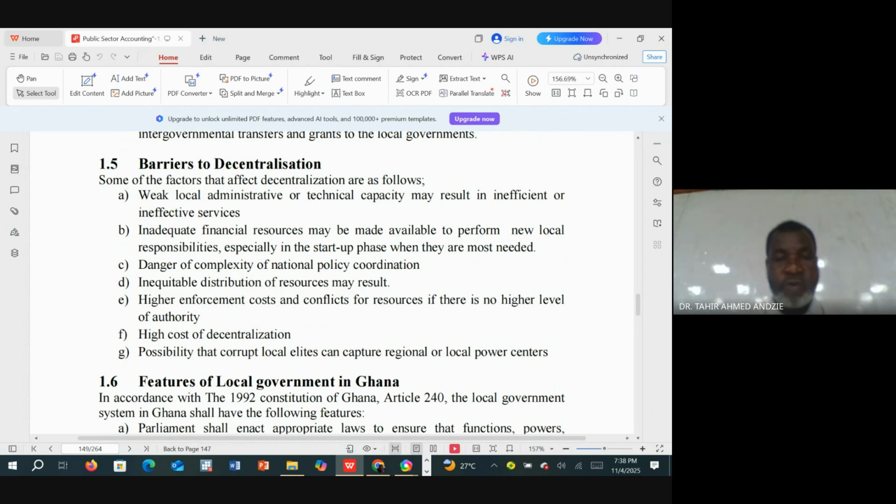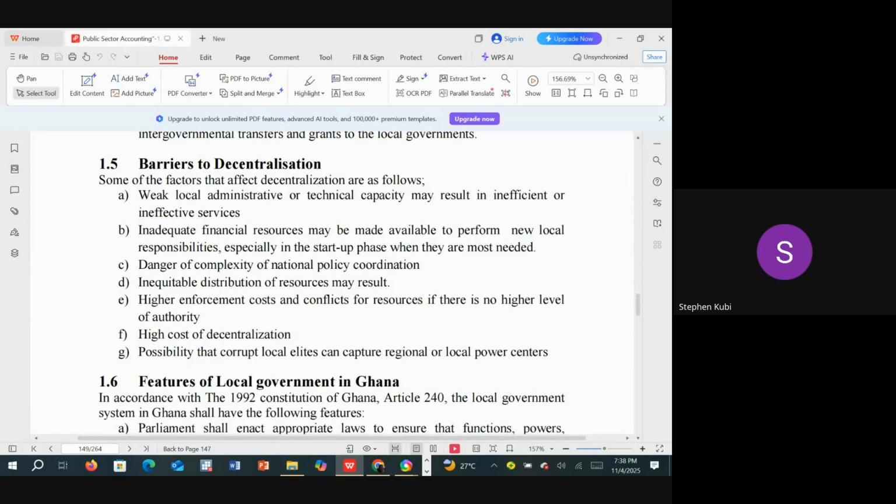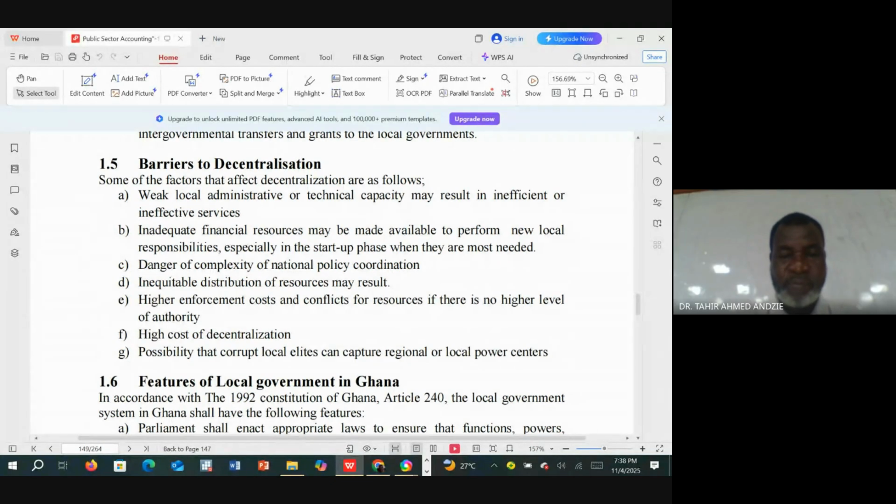Of course, for decentralized administration, if you lack the technical know-how of the people who will be appointed to take powers in the district assembly, definitely it will lead to inefficiencies in the service. If you don't get qualified people, and most of the time the local areas may not have the qualified people to actually take up the mantle.